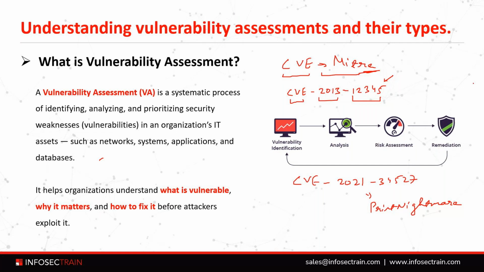It's a remote code execution vulnerability in the Windows Print Spooler service. It allowed attackers to execute code remotely on unpatched Windows services. You can get that, but MITRE is the one which maintains the list of it.